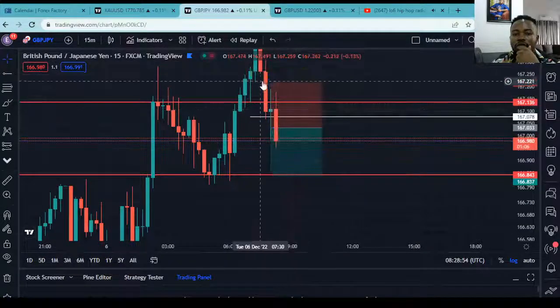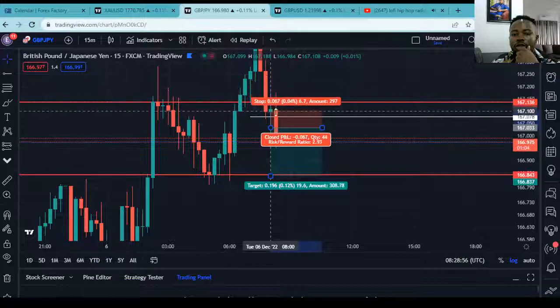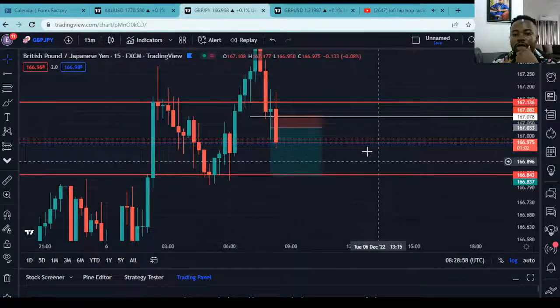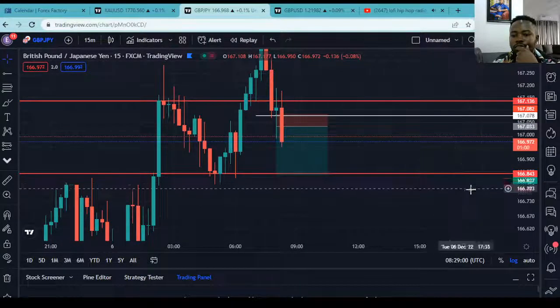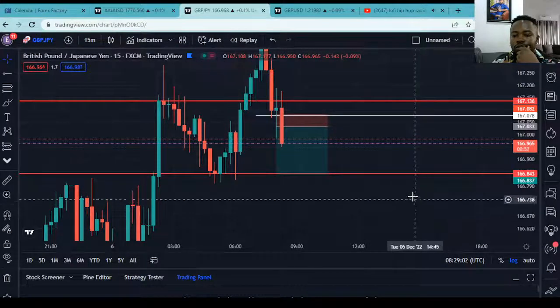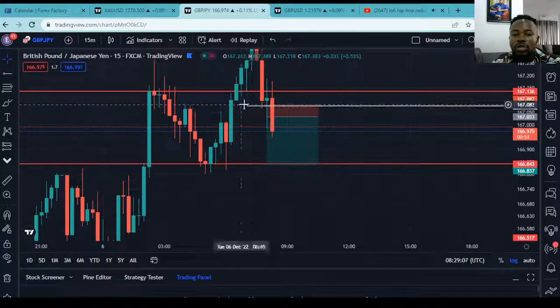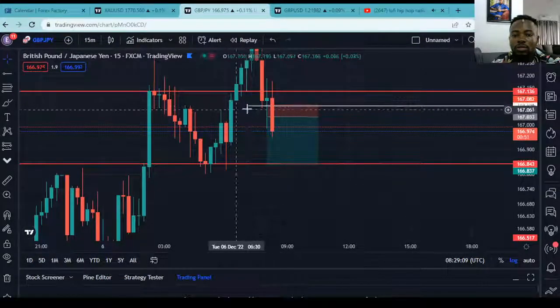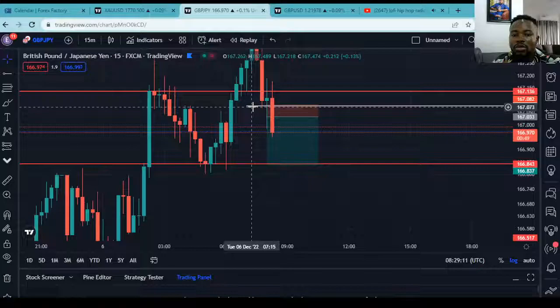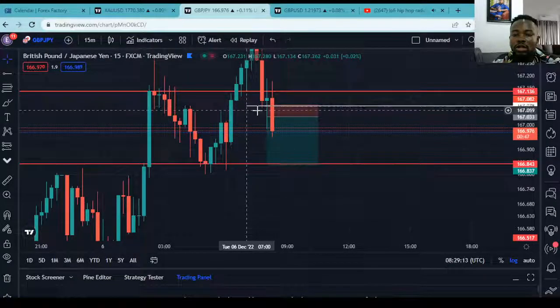You could actually break even, or you could bring your stop loss at this entry here. I think we should bring our stop loss to the entry from the first position. That is ideal. We should bring our stop loss to the second position, yes.